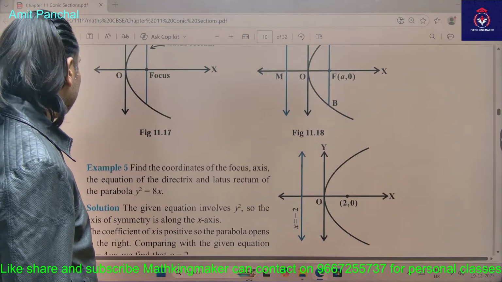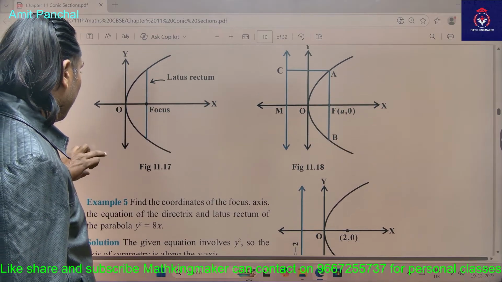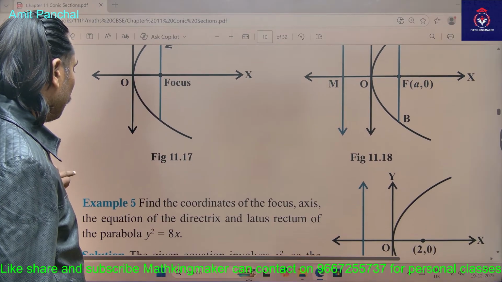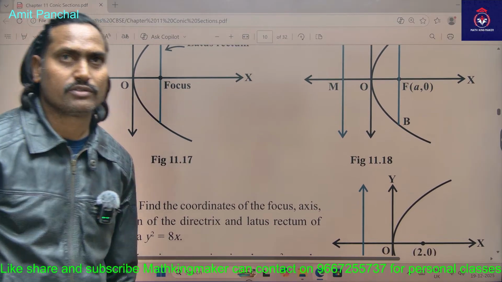So this is an example of parabola. You need to find all the values, find the coordinates of the focus.